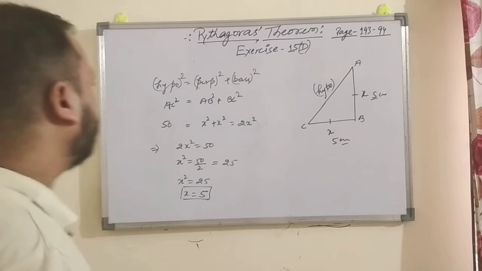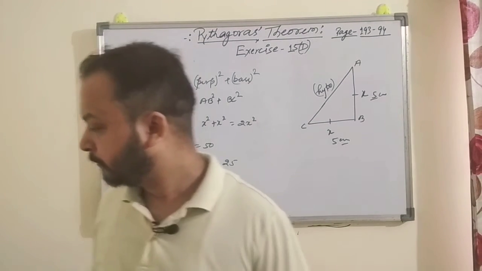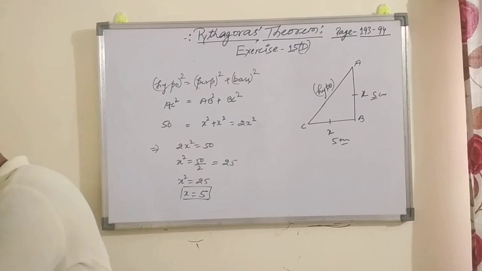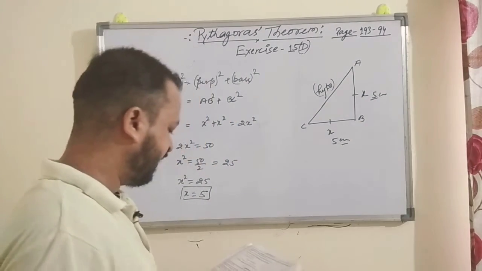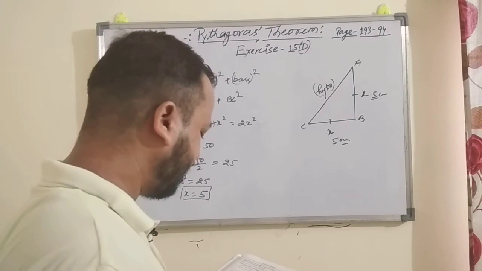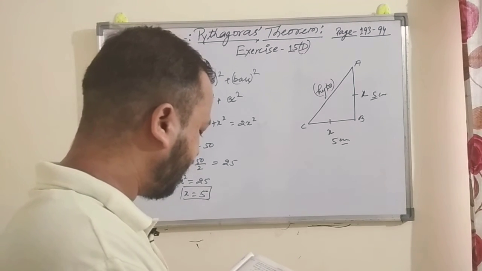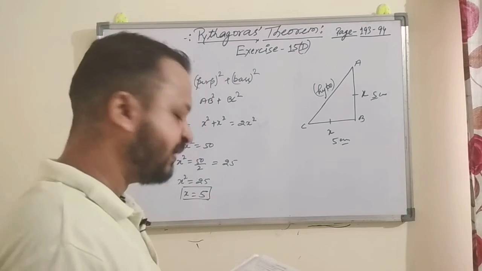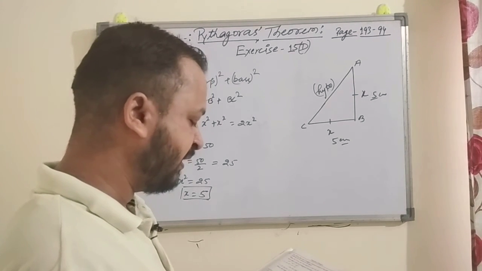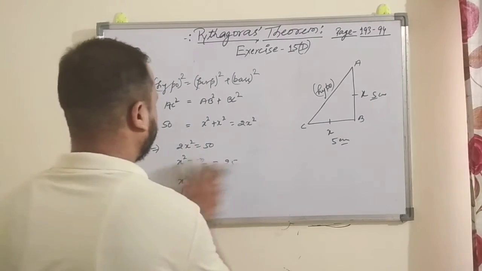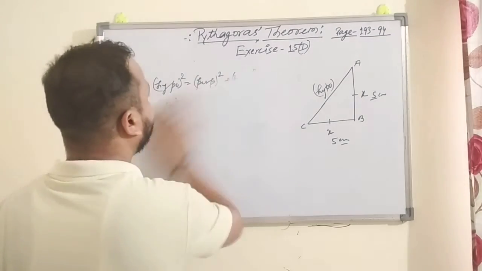Now we are going to discuss question number 5. Question number 5 says that the sides of a triangle measure 15 centimeter, 36 centimeter and 39 centimeter. Show that it is a right angle triangle.